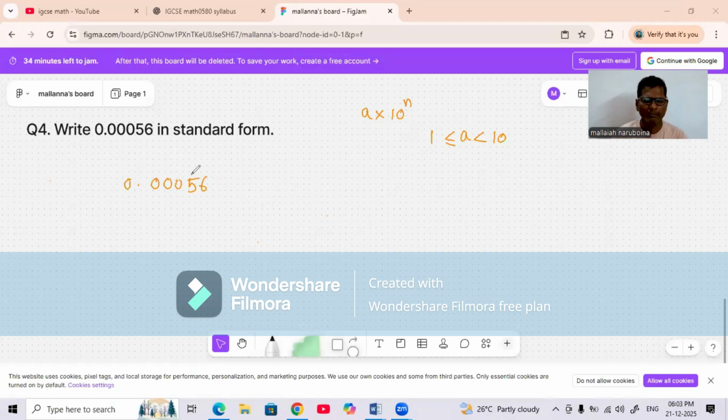First we have to take this number, then count places from here: 1, 2, 3, 4. So we have to move 4 places forward. So first write 5.6 times 10 to the power of, 1, 2, 3, 4 places, so right here minus 4. So 5.6 times 10 to the power of minus 4 is the standard form of this decimal.